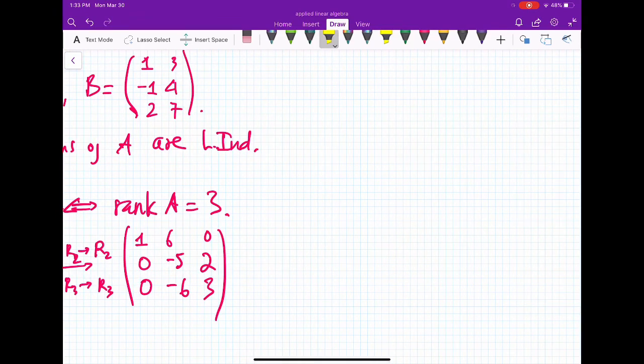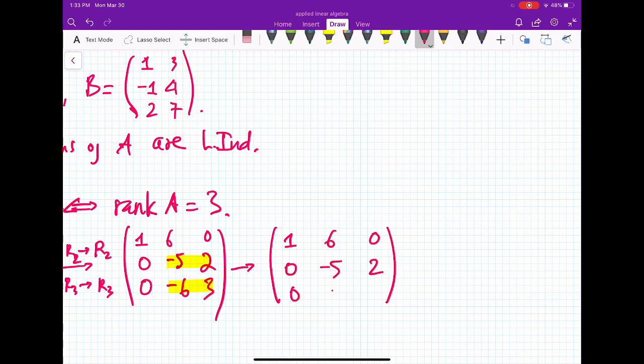And it's obvious that these two rows are linearly independent because they are not scalar multiples of each other, right? Without computing. But let's do this. 160, and then you have 0, -5, 2, and then 0, 0.